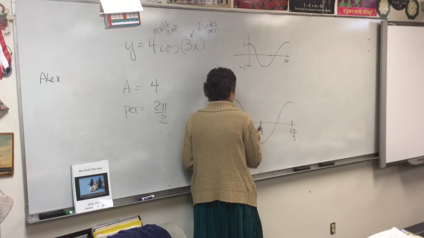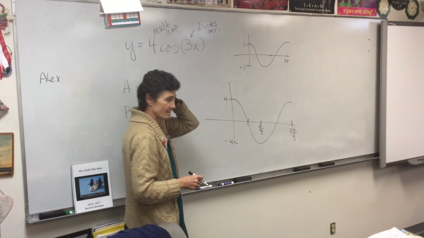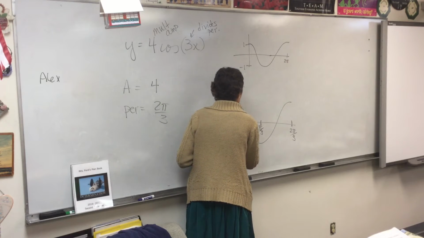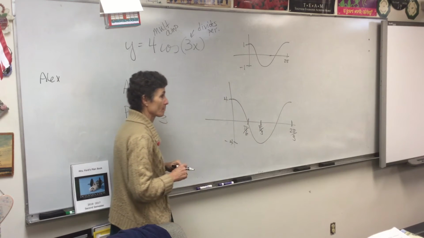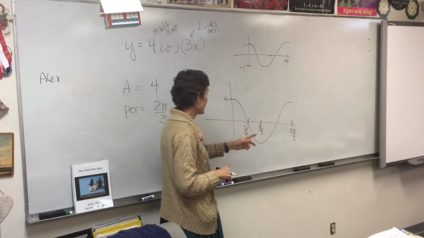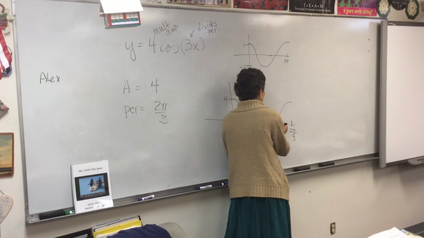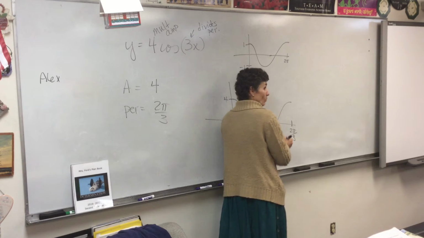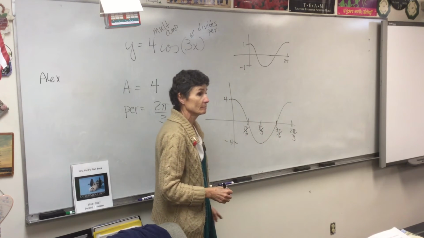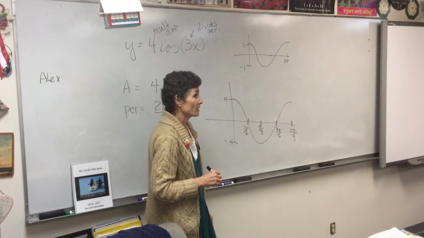Now, what's right in the middle of 0 and 1/3? 1/6. This one's a little harder. You want to just count? You can. This is 1/6, 2/6. So this would be 3/6 or 1/2. And then that's 4/6. There would be your picture.